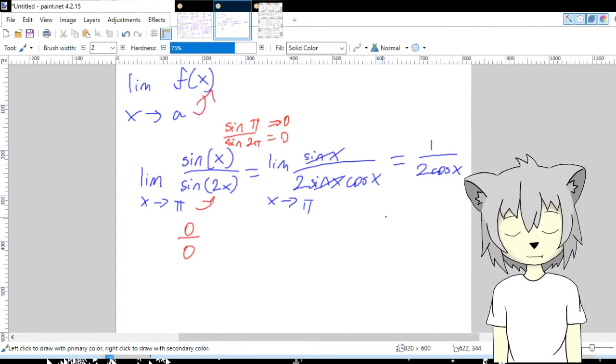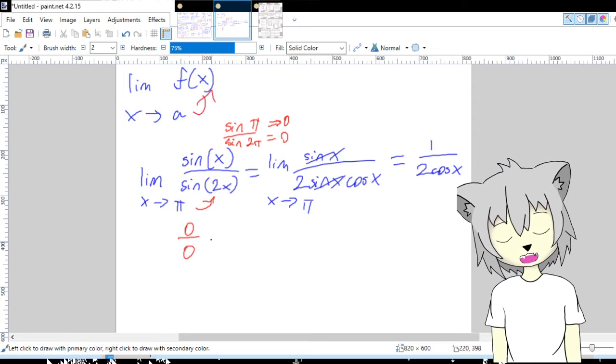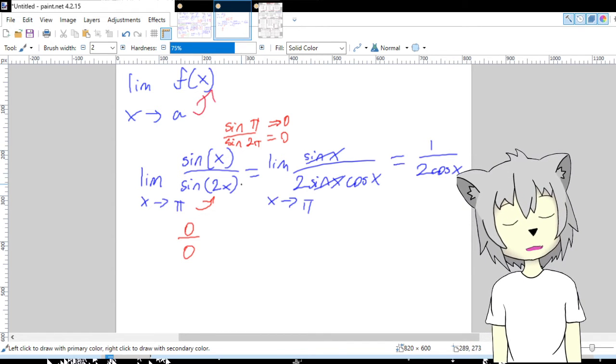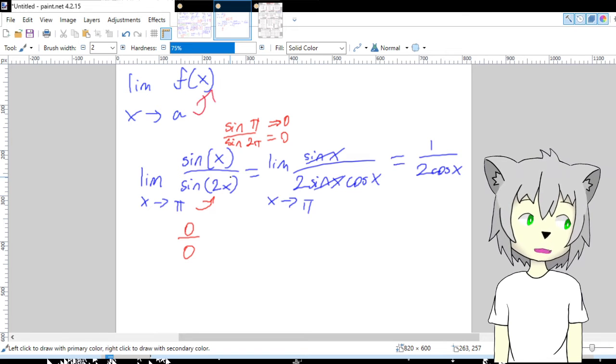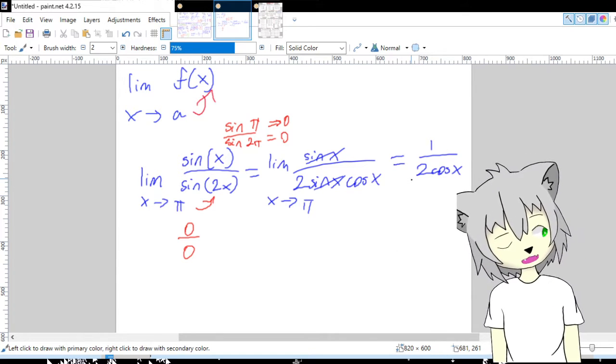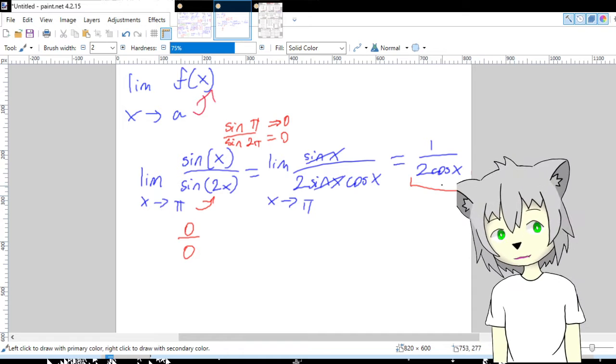I don't know what else to say, but basically you might see something like this in your calculus class. You can't skip pre-calc and skip trigonometry, or at least some portion of it.